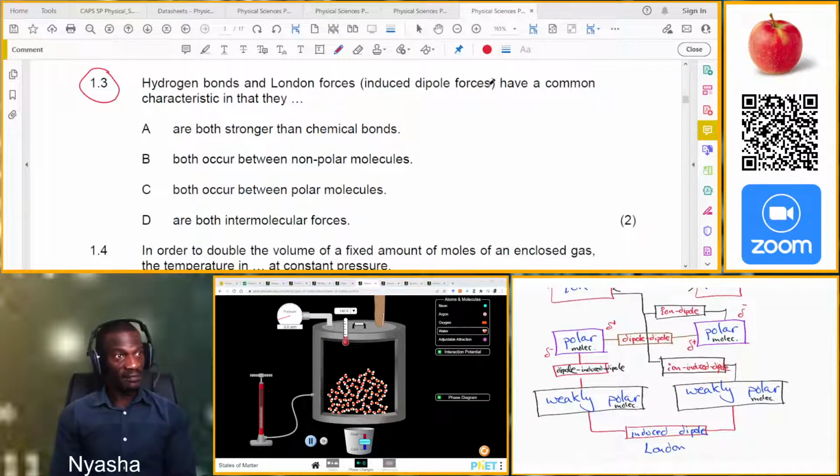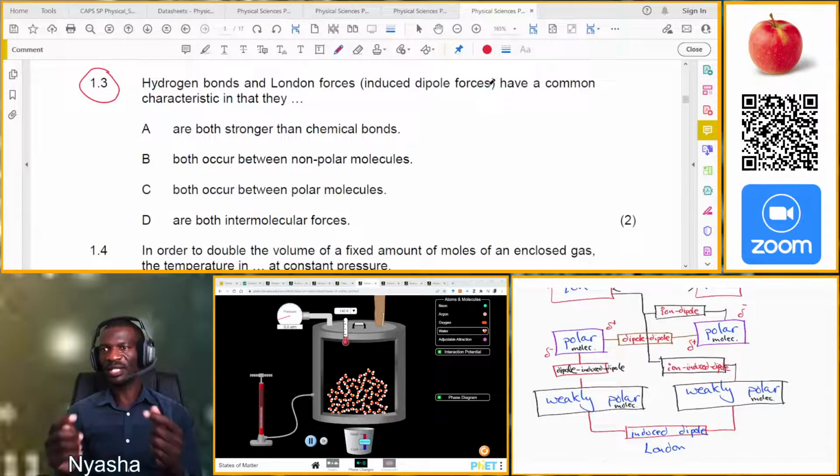So what do they have in common? Are they stronger than chemical bonds? No way. These are intermolecular forces. With chemical bonds, we actually have interatomic.